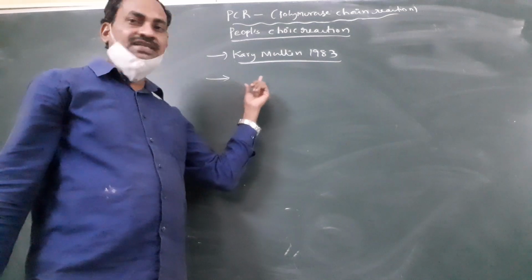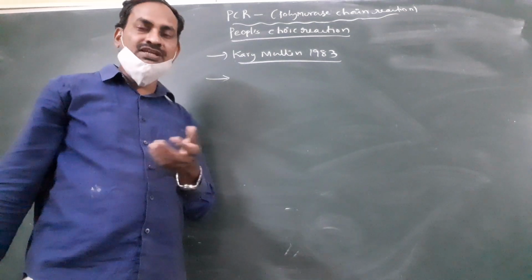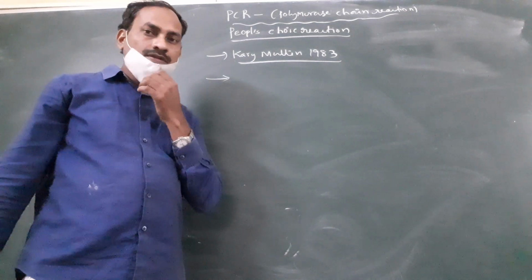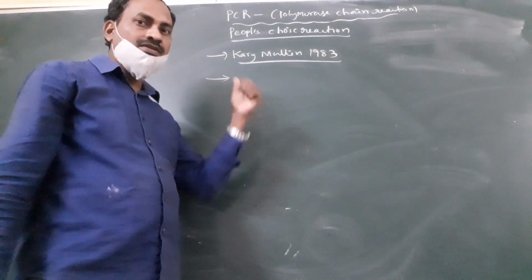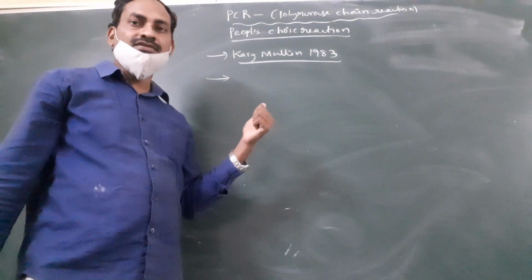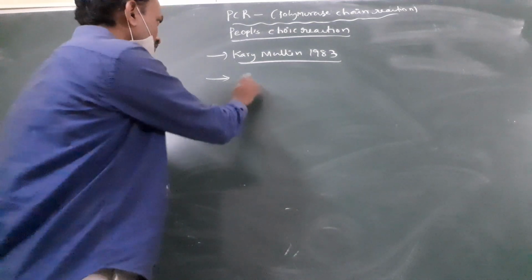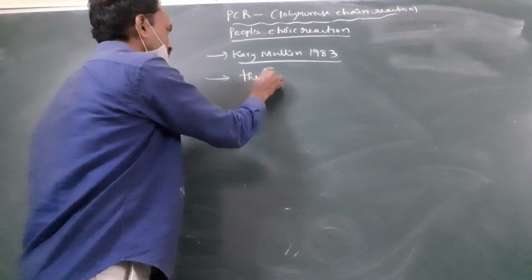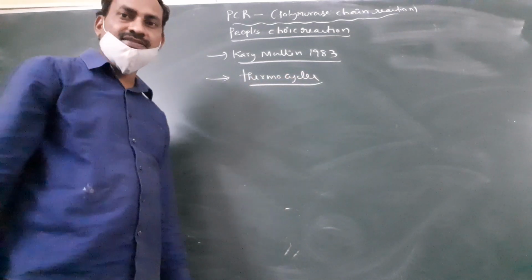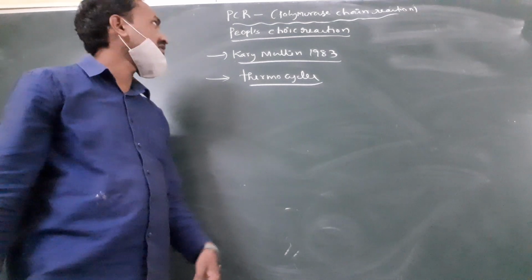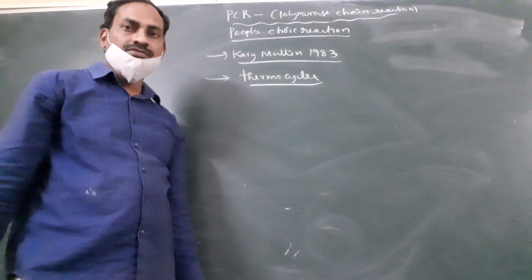PCR is entirely an in vitro technique, which we can carry out in the lab. The instrument in which we do PCR is called a thermocycler. Thermocycler is an instrument which is used for the PCR technique.